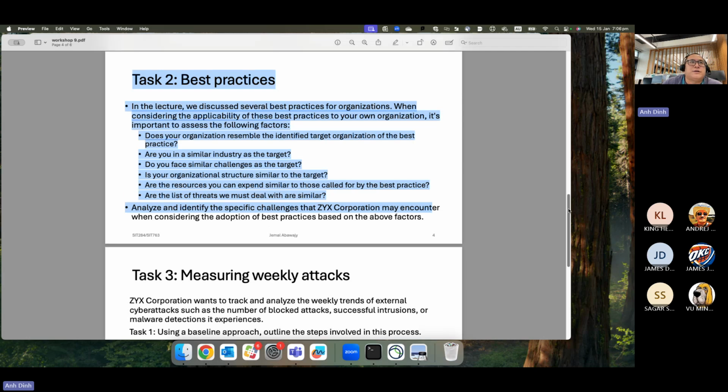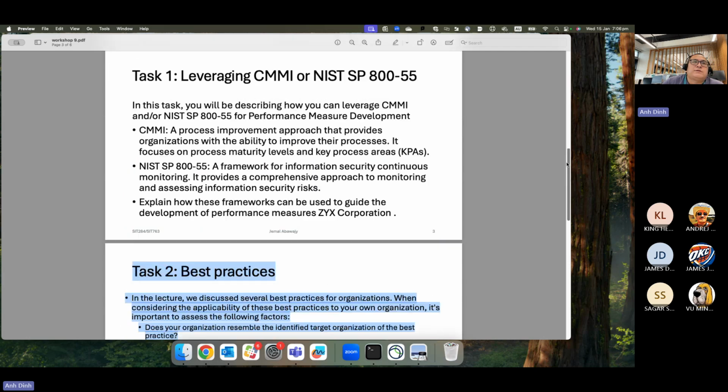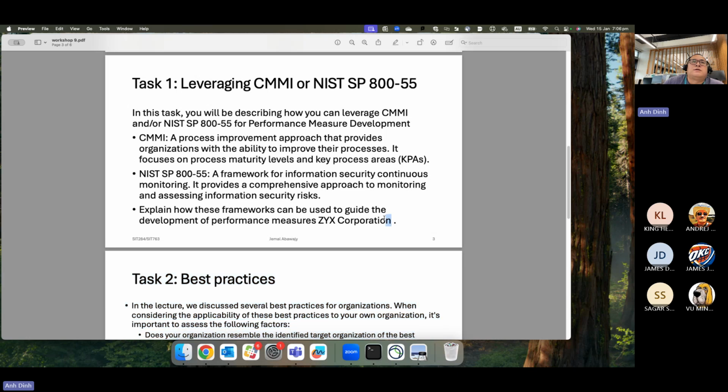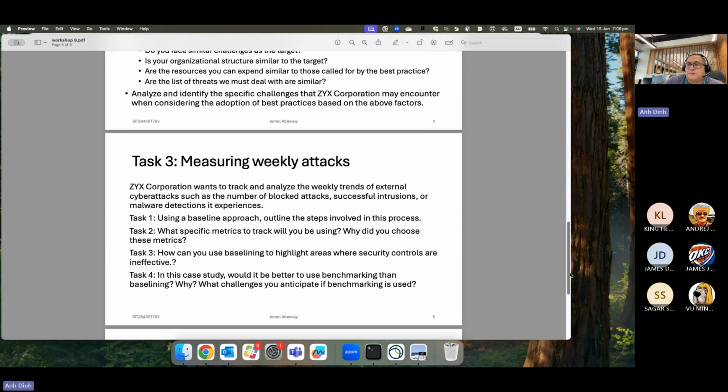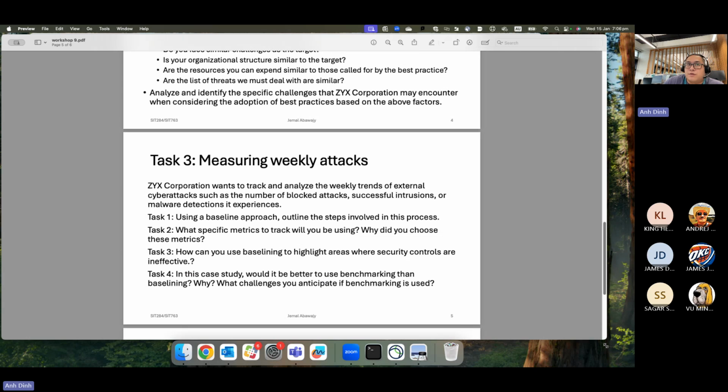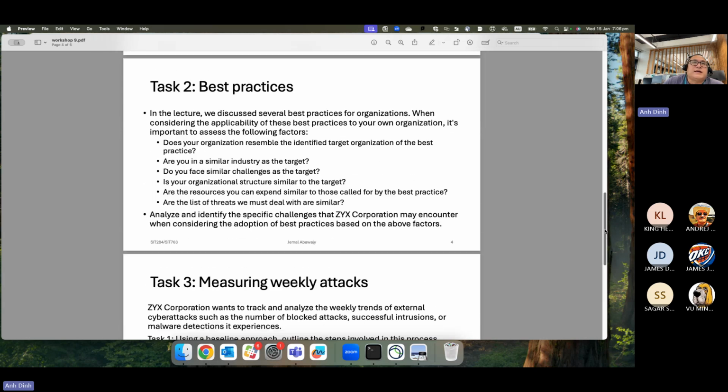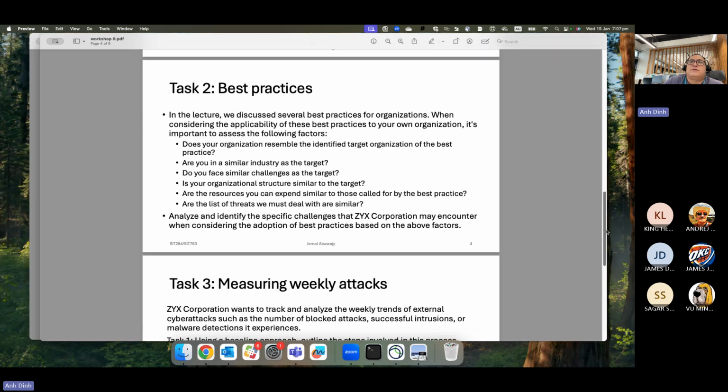There's no right or wrong answer here. And if you have time, then have a read of one of these two documents and see how they can be applied to company XYZ. Okay, so that is how I suggest we should do this. Task 3 first, then task 2, and then task 1.